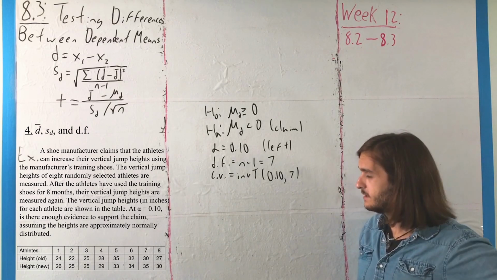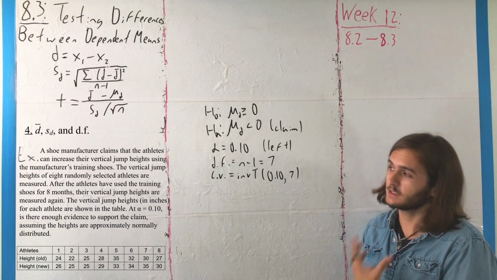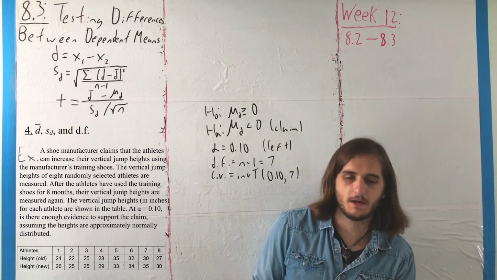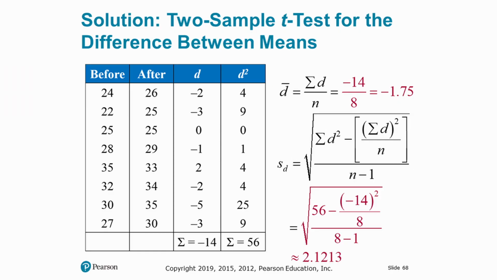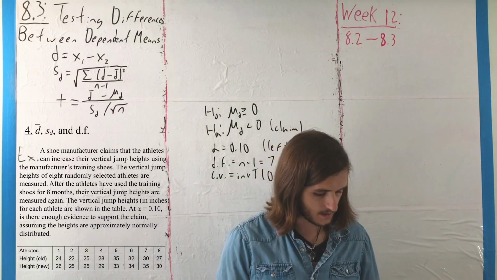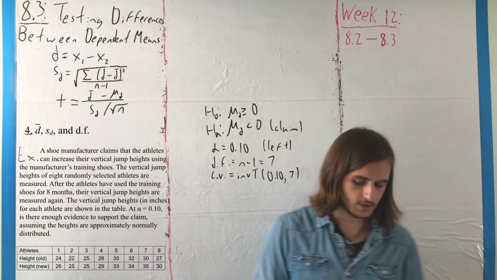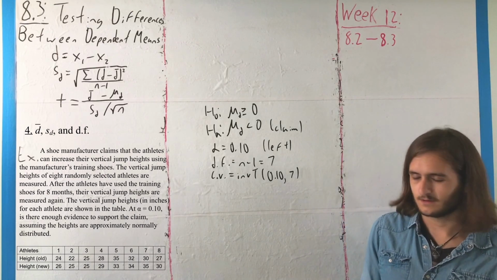But anyway, from there, I am actually kind of skipping some steps here in terms of getting the test statistic, and the reason why I'm doing that is because the book kind of expects you to pull up some really clunky information, just a large amount of information, frankly, which you've got on the screen right now, going through each of those things bit by bit to get your differences, your average difference, and all that stuff.